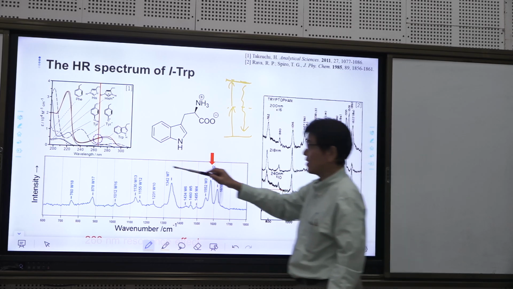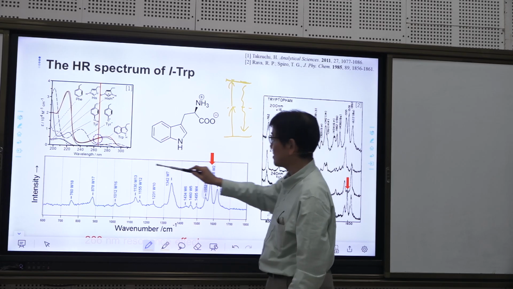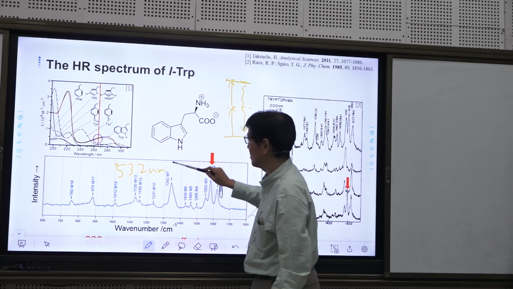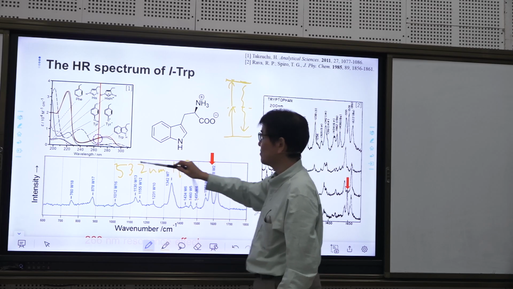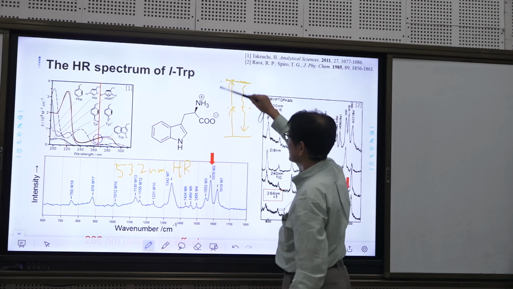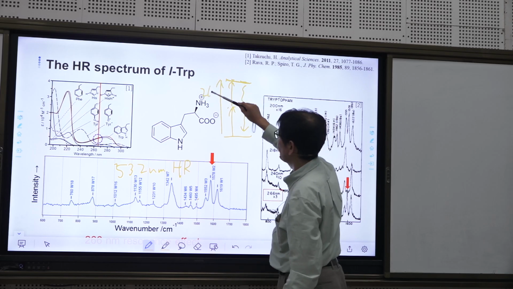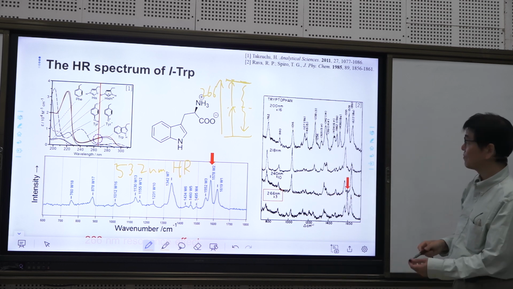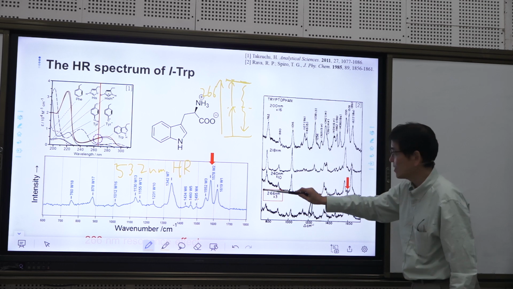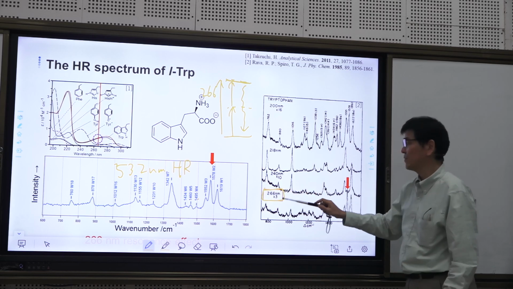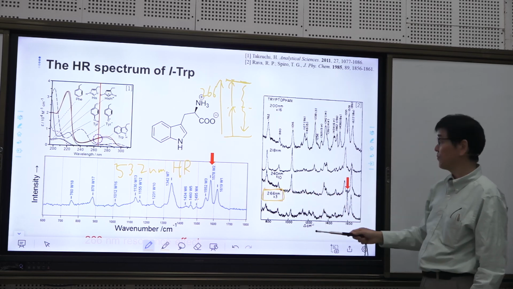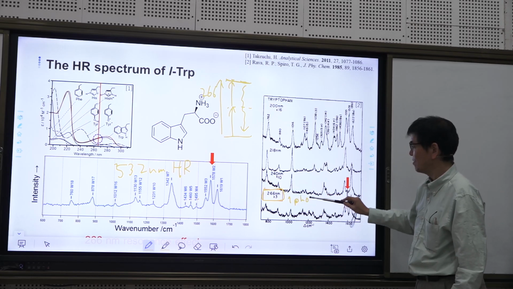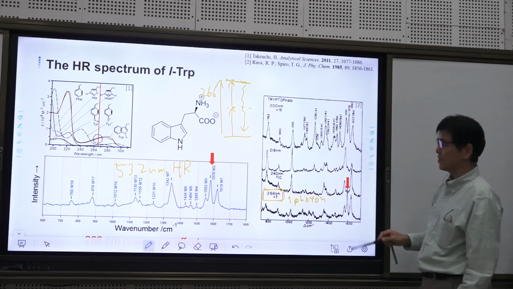Then we compared this 532 nanometer excited hyper-Raman spectrum with the 266 nanometer excited resonance Raman spectrum. Here is the 266 nanometer excited resonance Raman. This is 1 photon excitation.